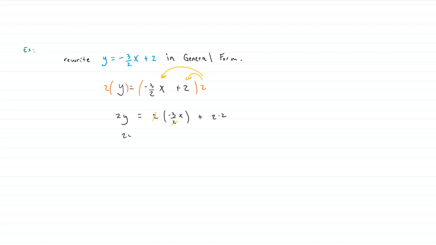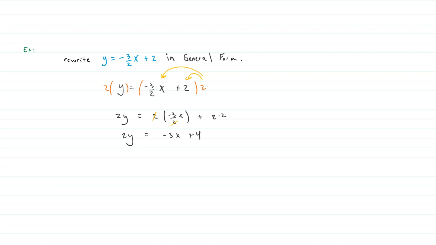So that gives us 2y equals negative 3x plus 4. So now you don't have to do this step. You could just take the y to the right and you'd be done. But I just prefer to get rid of the fractions. So I did.